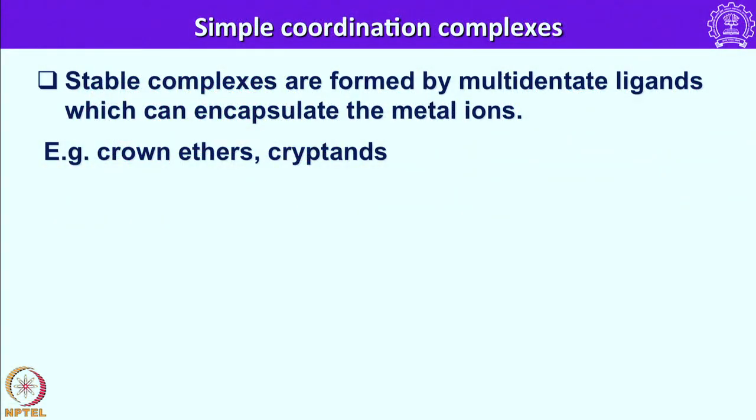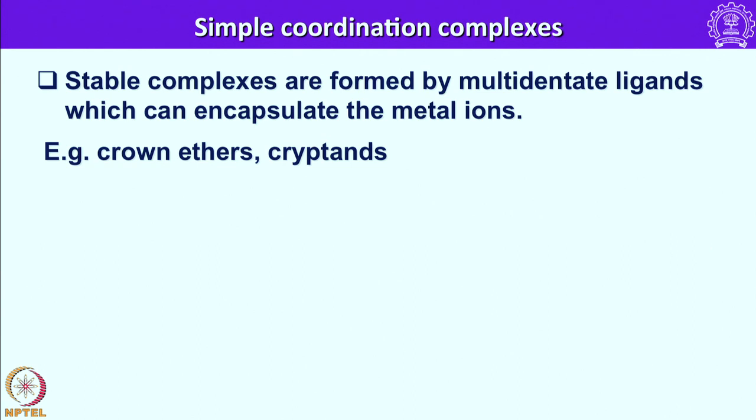Lithium salts are more soluble in solvents such as ethanol and ethers than those of other group members, and lithium is 4 coordinate, whereas sodium and potassium prefer 6 coordination. That means stable complexes are formed by multidentate ligands which can encapsulate the metal ion.